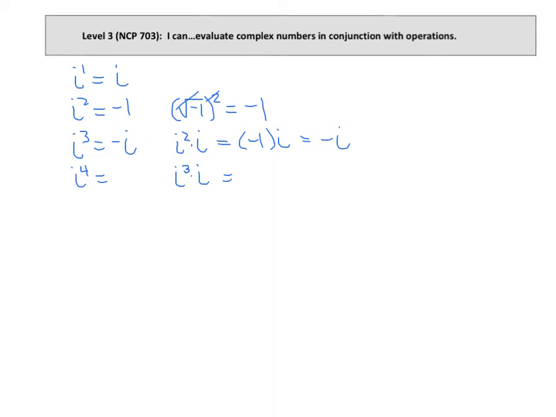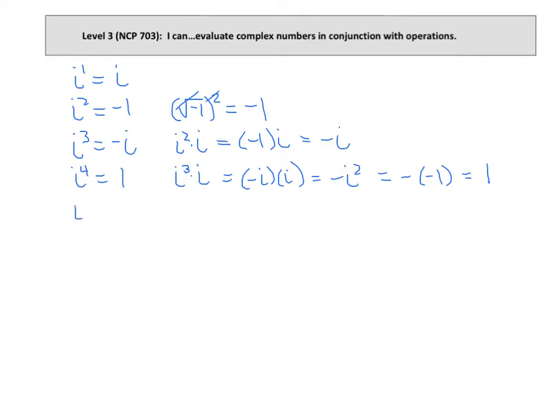And we just determined that i to the third is -i, times i gives us -i squared. But i squared is -1, so we get -(-1), which comes out to +1. So i to the fourth is +1.